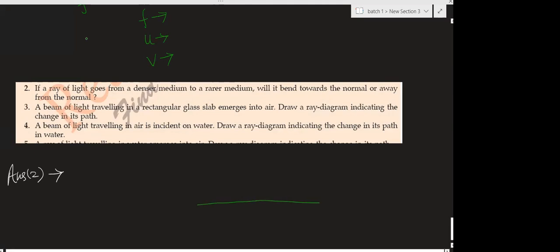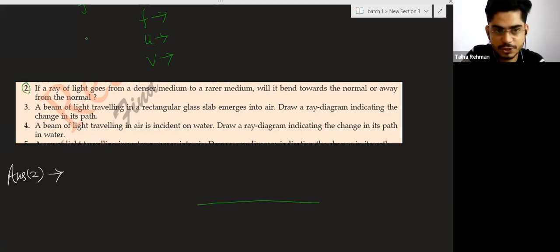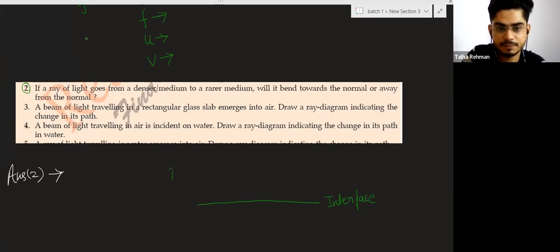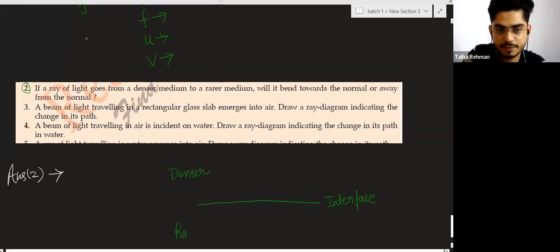A ray of light is traveling from denser medium to rarer medium.